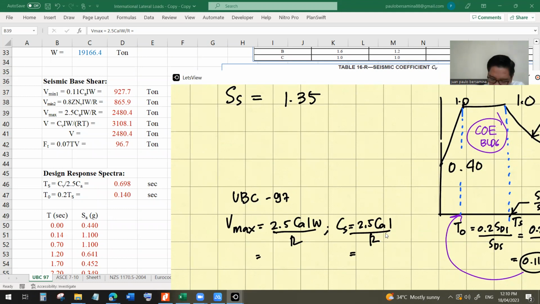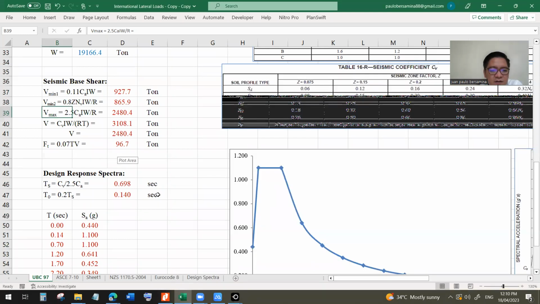No? So, 2.5 times CA is 0.44 divided by R, which is 8. So, equals 2.5 times 0.44 divided by 8. 0.12941.